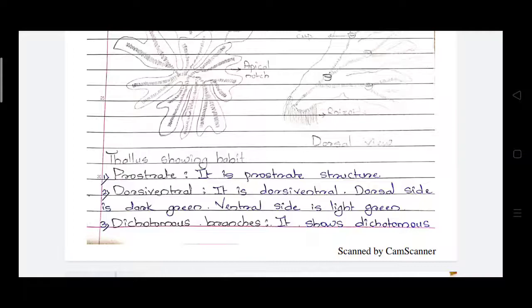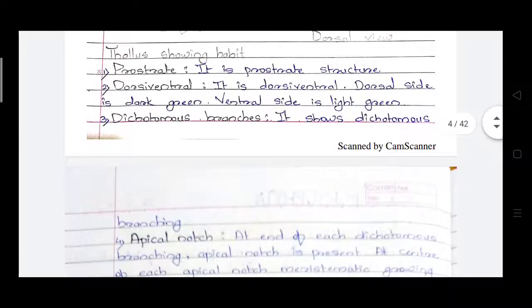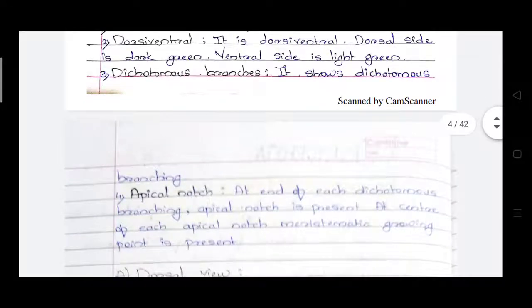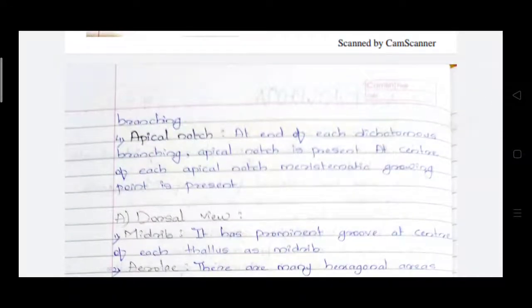This thallus body shows dichotomous branching. As you see in this figure, at the tip the branch divides and forms dichotomous branches. Also at the end of each dichotomous branch there is an apical notch, and at the center of each apical notch the meristematic growing point is present.